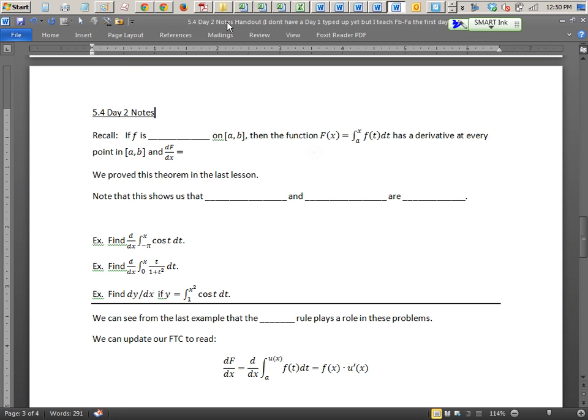Okay, so we said that if f is a continuous function on [a, b], then we know that capital F usually refers to the antiderivative. So anytime you see a capital F, you want to probably think antiderivative.